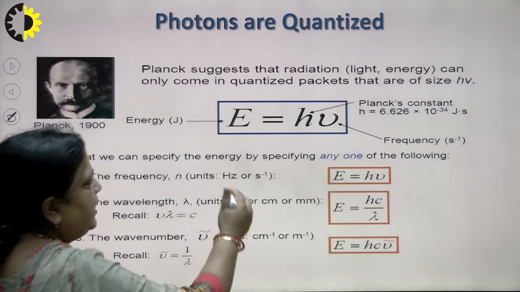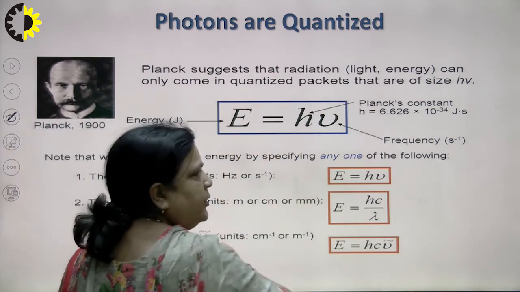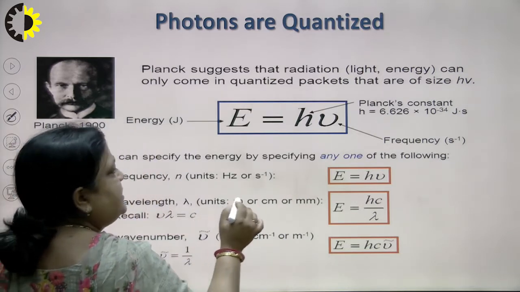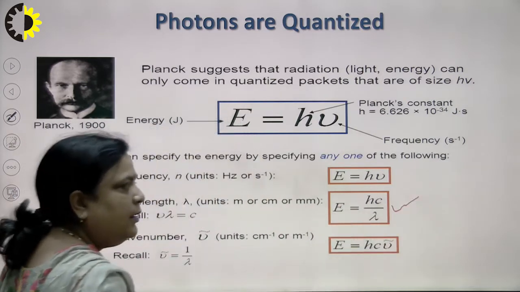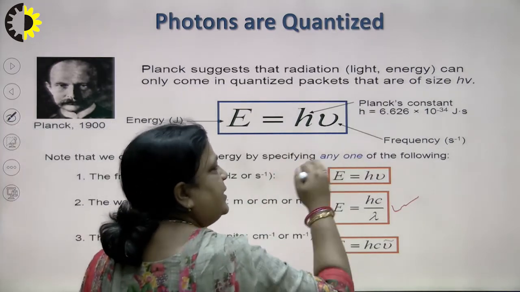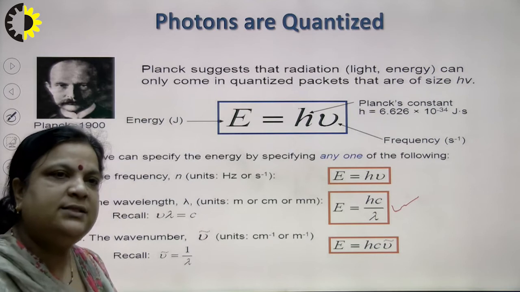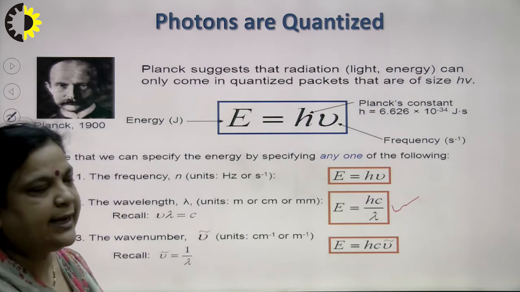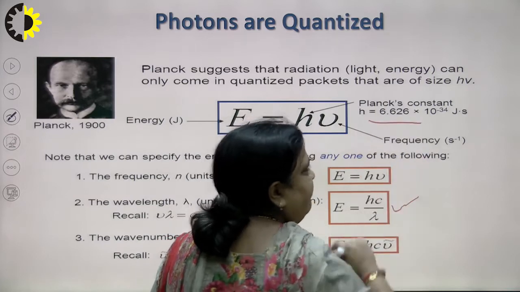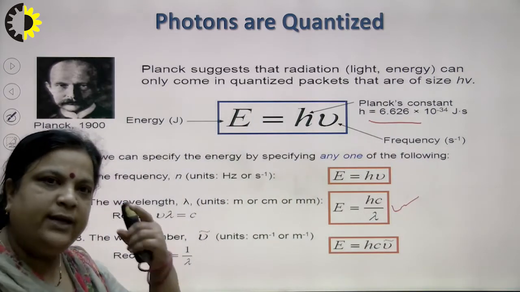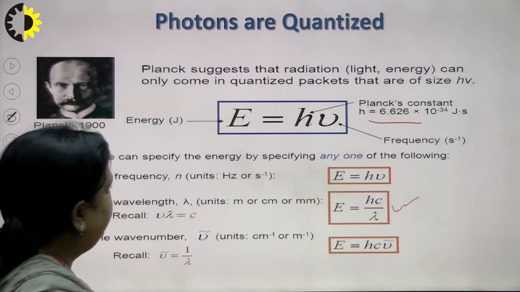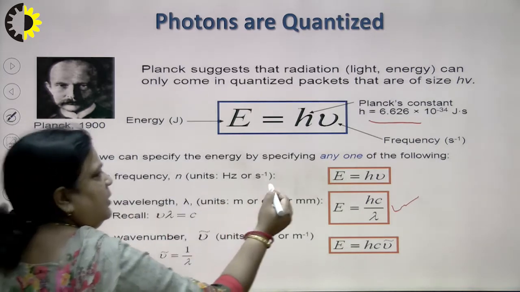We can apply the direct formula E is equal to h nu, and if lambda is given, then we can apply E is equal to h c upon lambda, where h is the Planck constant and nu is the frequency, whose unit is time inverse, generally second inverse. The Planck constant value is fixed, equal to 6.626 into 10 to the power minus 34 joule second.